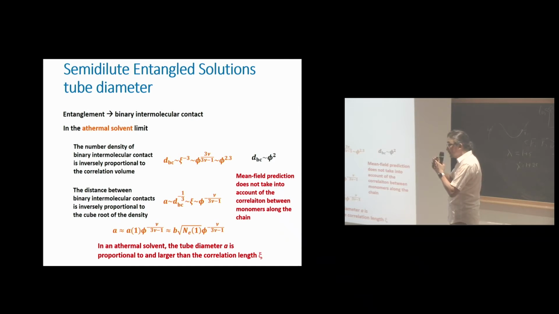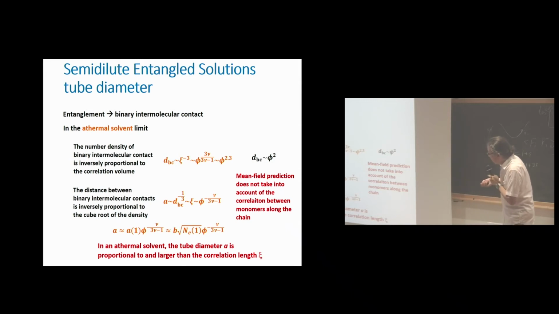I would presume the distance in contact would be 0. Here we need to know the probability to have this contact in space, the number density of this contact, and then it will give you the distance between these contacts, which should be proportional to the correlation length. Is this the distance between separate contacts in space? I'm not sure I understand. Maybe I should just ask you after. Yeah.